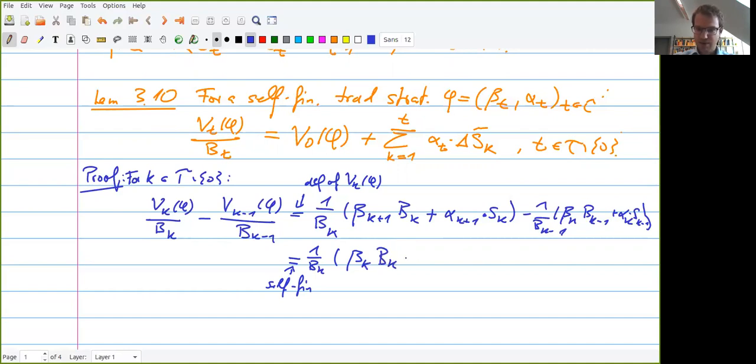So, right, going from here to here is self-financing. And now we keep the second part unchanged. Plus alpha k.